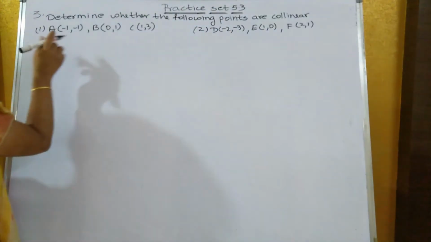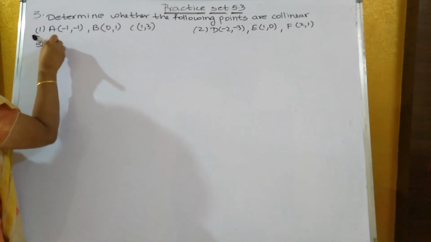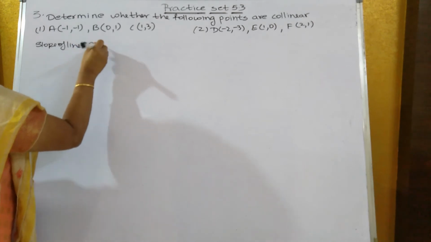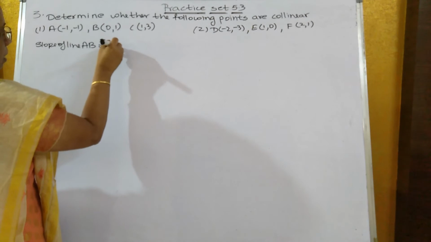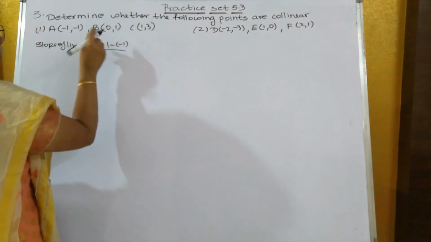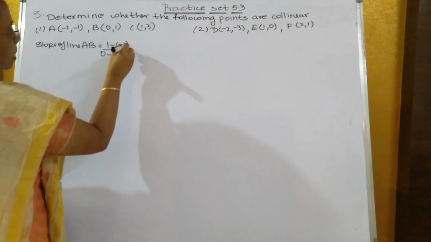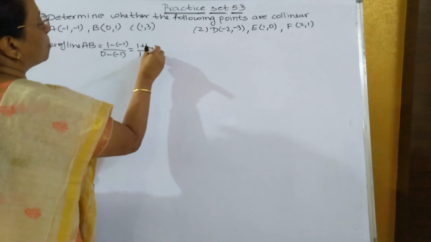Now we will find out the slope of line AB. That is y2 minus y1, that is 1 minus into minus 1 upon 0 minus into minus 1, that's equal to 1 plus 1 upon 1, that's equal to 2 upon 1.